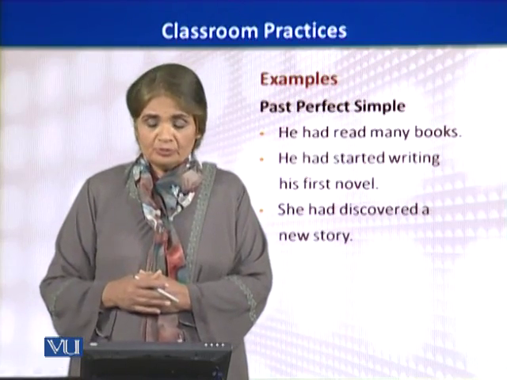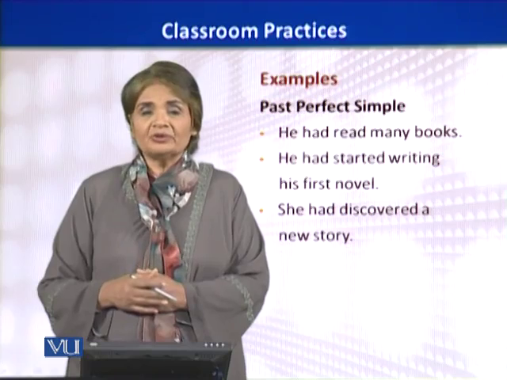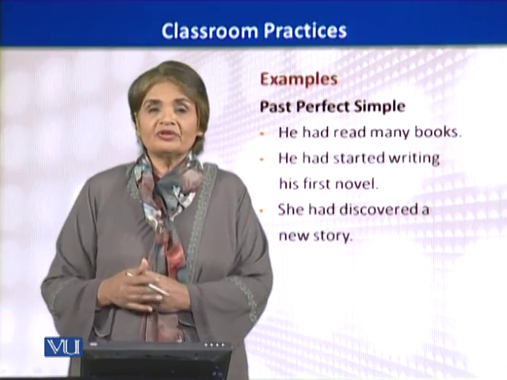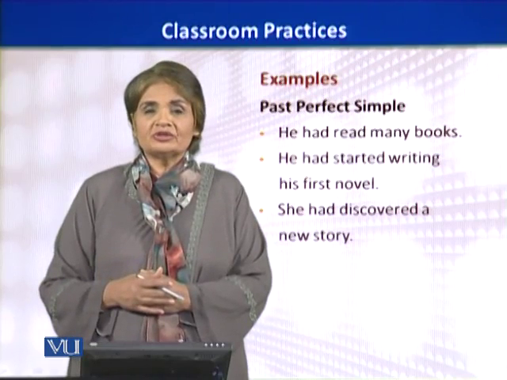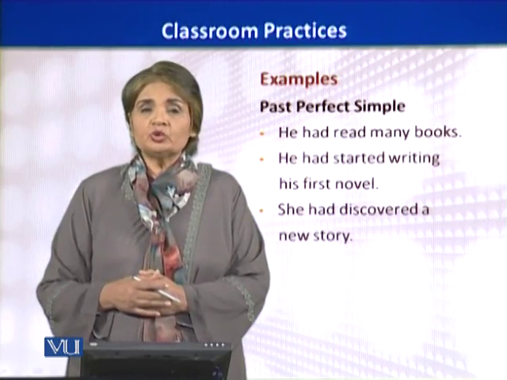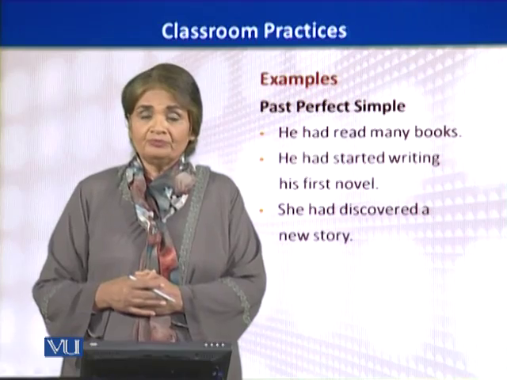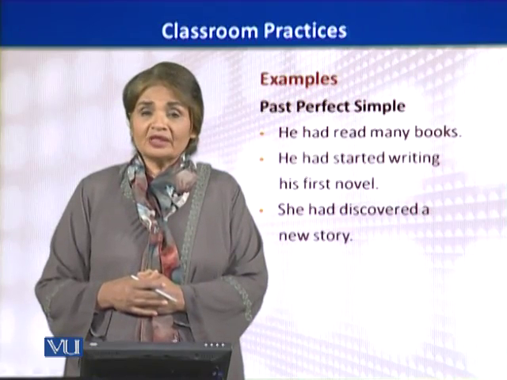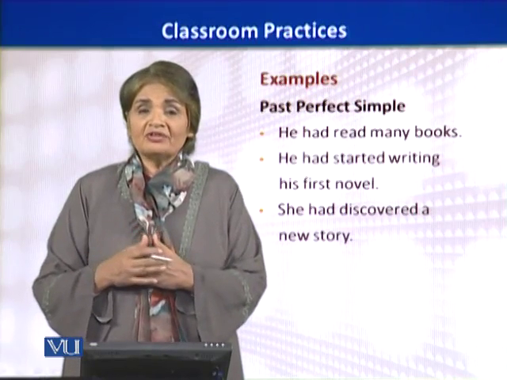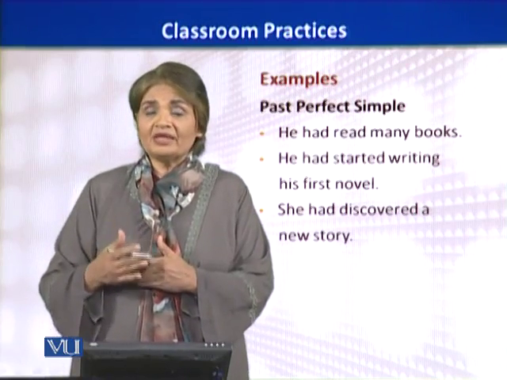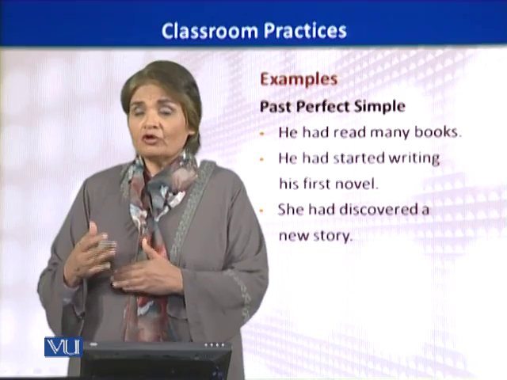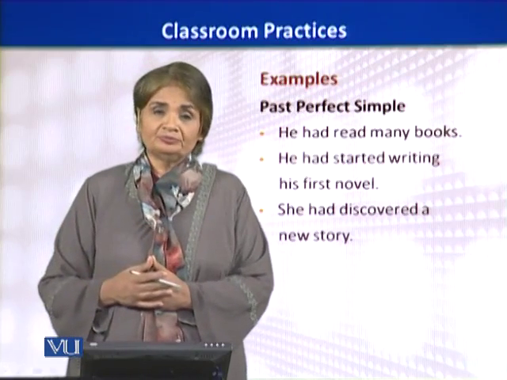That is the difference between past perfect simple and past perfect continuous tense, because in the past perfect continuous tense we would be able to talk about the time, but at the same time we would be having a context that this event has been taking place in sequence for some period of time.